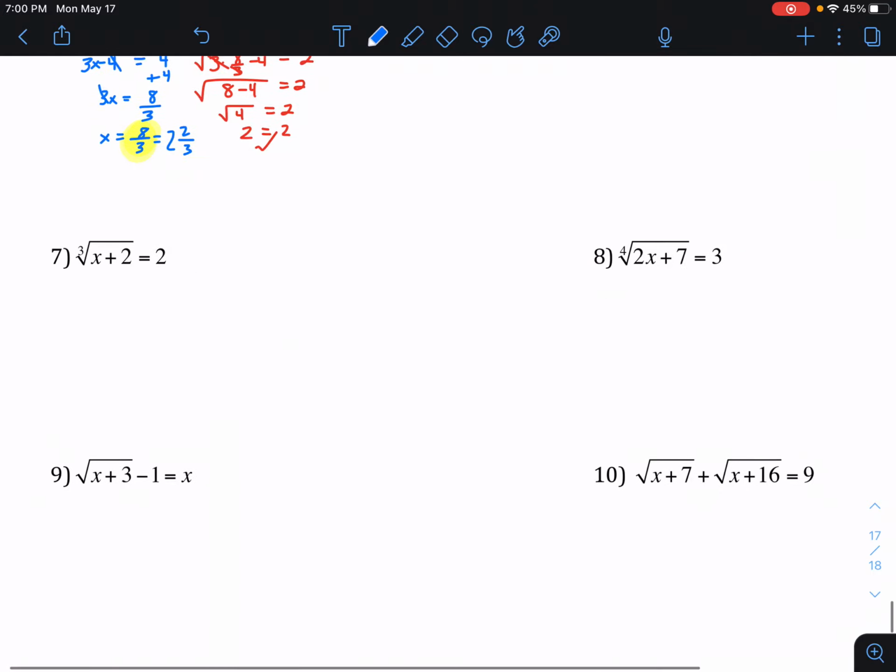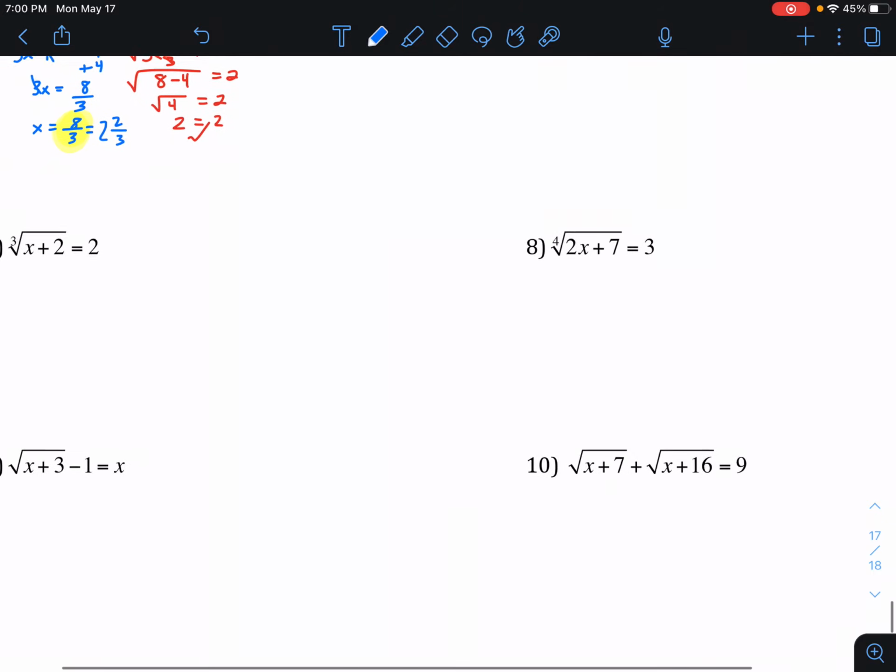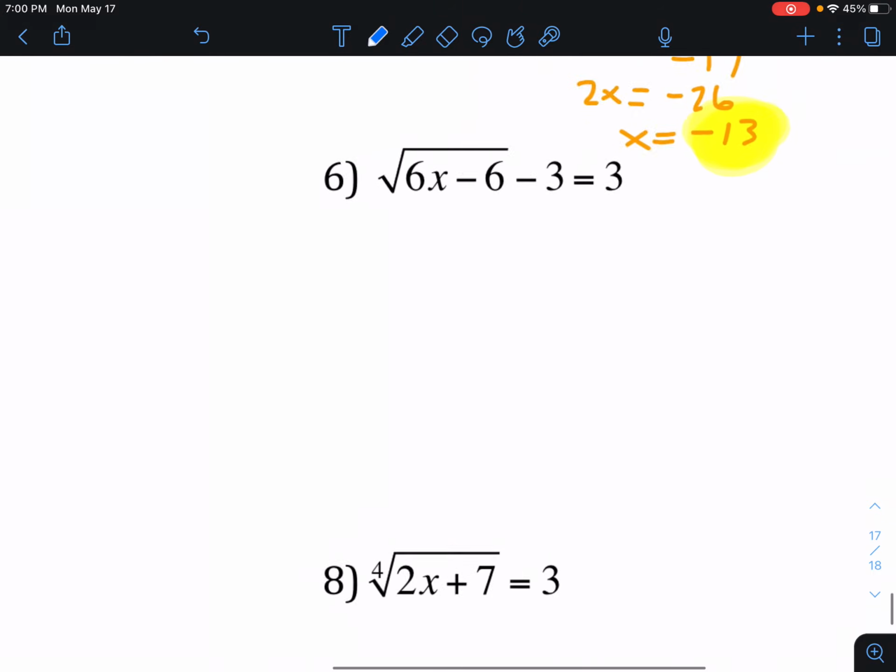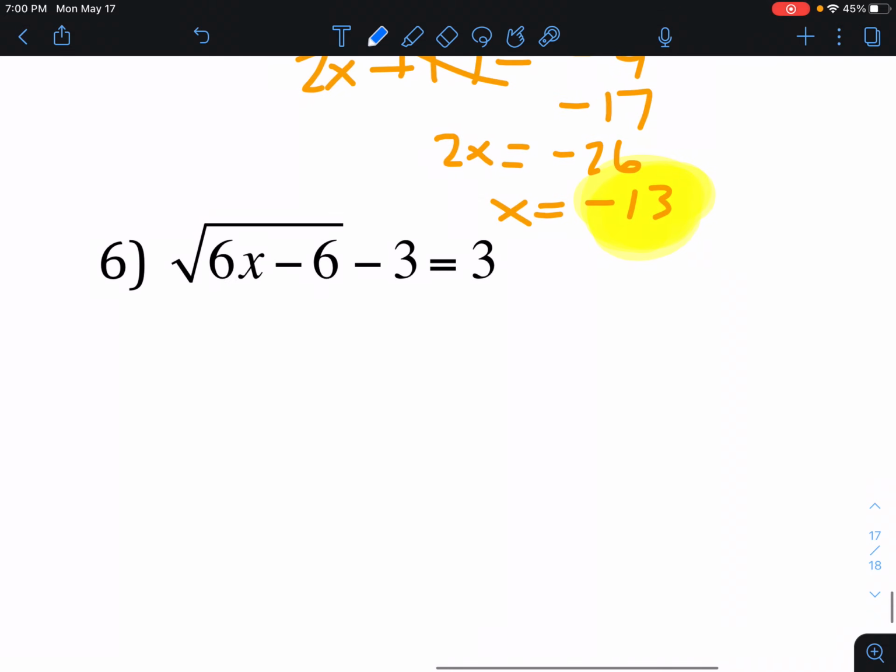Okay, let's go over number 6. When you're solving a radical equation, you need the radical by itself. It is not here. This guy's got to move to the right. So we need to add 3.